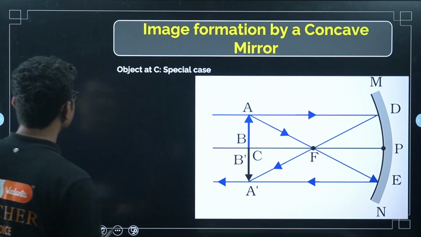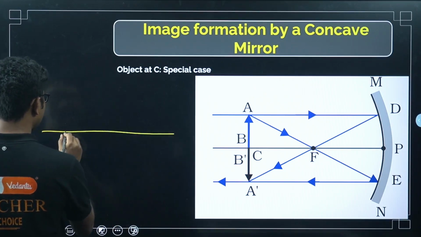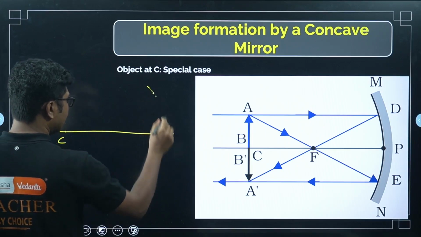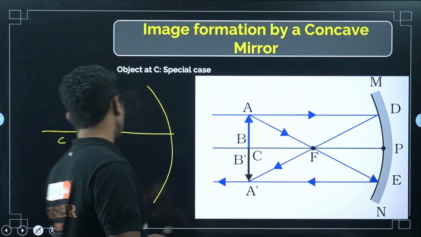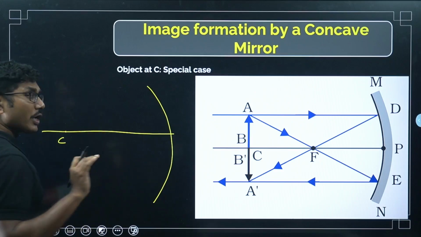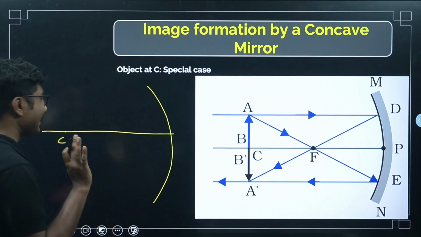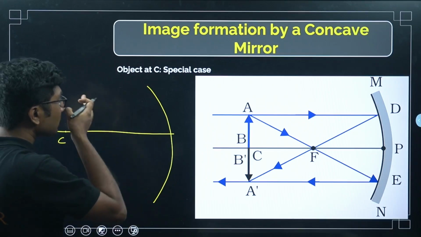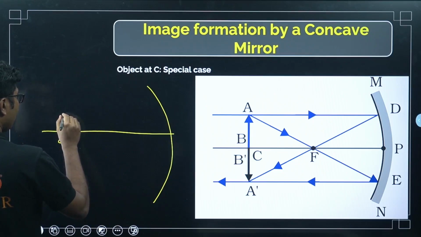So what you have to do in this case: the process of taking the principal axis, taking the center of curvature and drawing the mirror diagram is the same. Don't mark the focus in this special case. First you have to draw an object of, say, 2 centimeter like this.